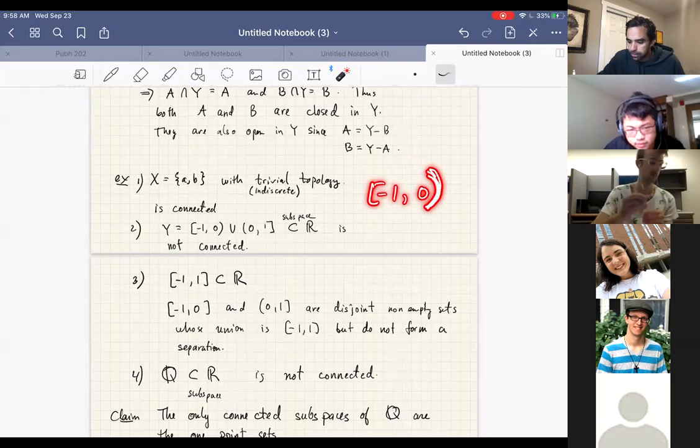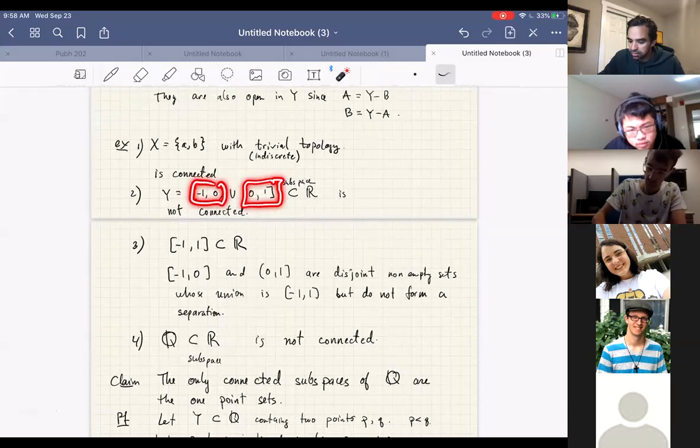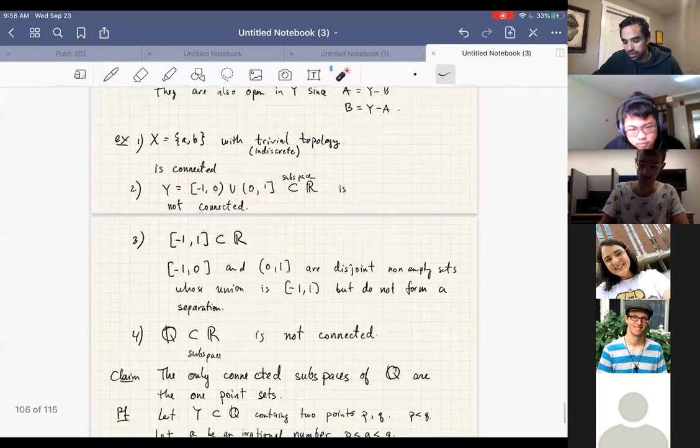Yeah, subspace topology. -2 to 0 as a normal open interval intersecting with Y. Yeah, exactly. So these two sets are open in Y because they are the intersection of some open set in R together with Y, and they're disjoint, non-empty, and their union is all of Y, right?